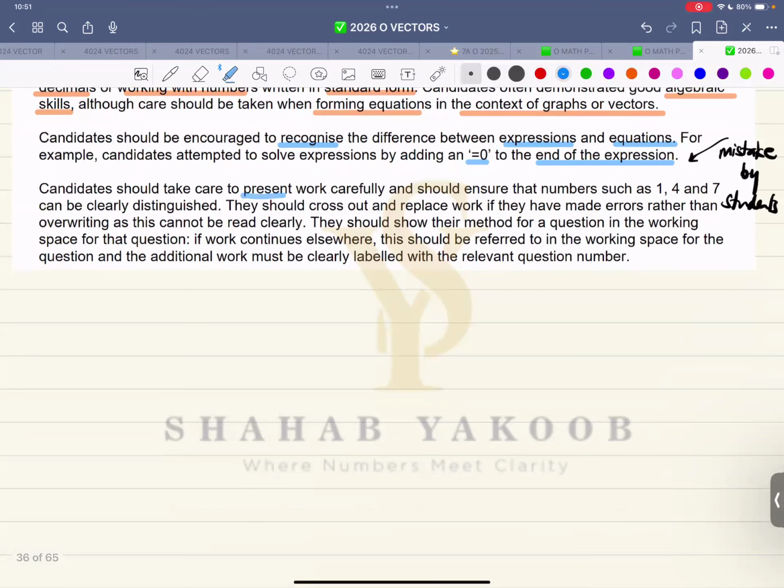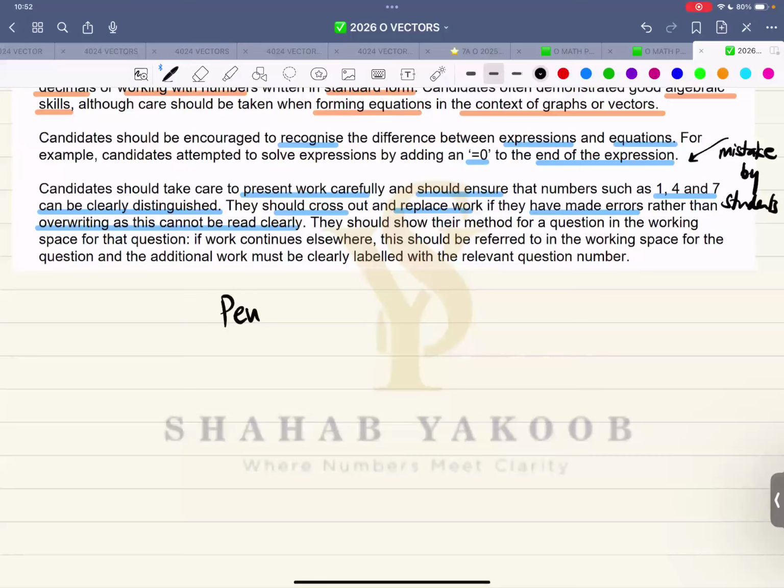Candidates need to present work carefully and should ensure that numbers such as 147 can be clearly distinguished. And this is always the examiner crying about this. 1, 4, and 7. Make sure they don't look the same. They should cross out and replace work if they have made errors rather than overwriting, as this cannot be read clearly.